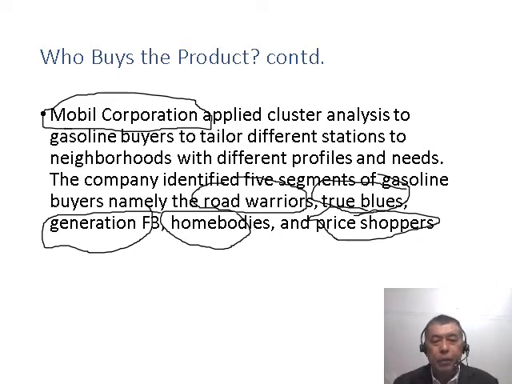So it depends on what particular organization you are in, the market you are serving. But for petroleum products such as this one, they have a category of these consumers. Okay?